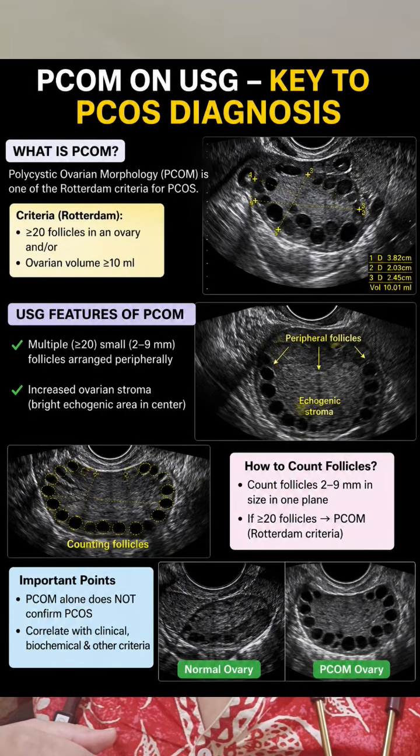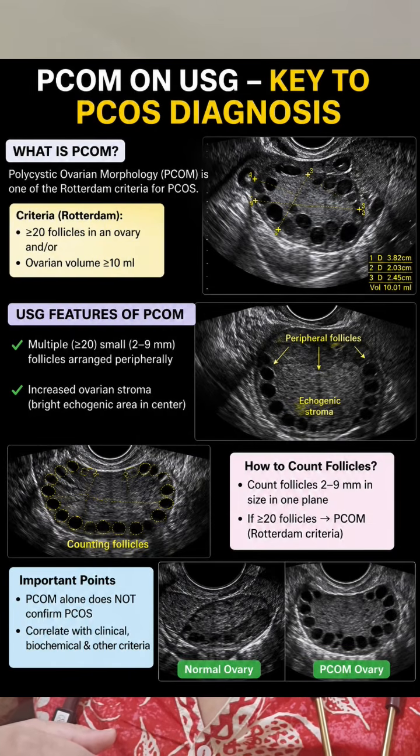In biochemical, you have to test for her free androgen index, or you can also see that the testosterone level will be raised. These are the three Rotterdam criteria, and presence of any two of the three is diagnostic for PCOS or PMOS. I have already made a video regarding the different phenotypes, which is important.